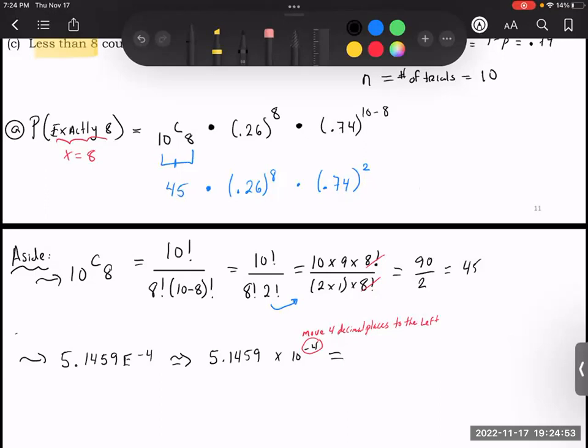This is what happens when you do too much math in one day. Thank you for correcting me. You get 0.0051459. And if you do round this, it's 0.005, with 3 zeros in front of the 5, because the 1 would have told the 5 to stay the same.